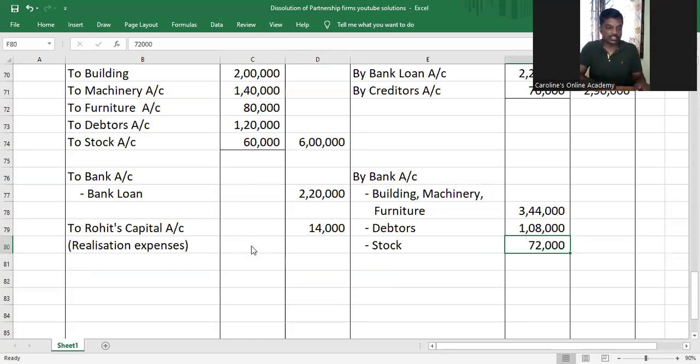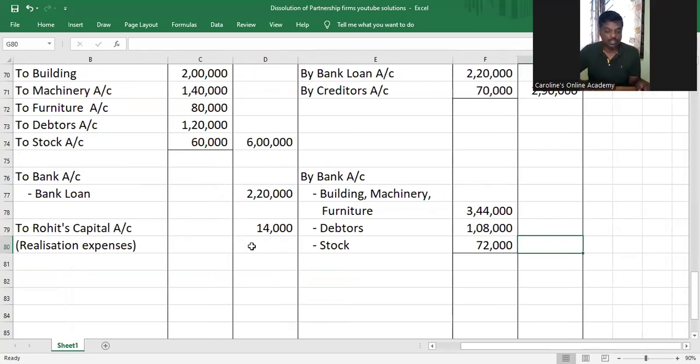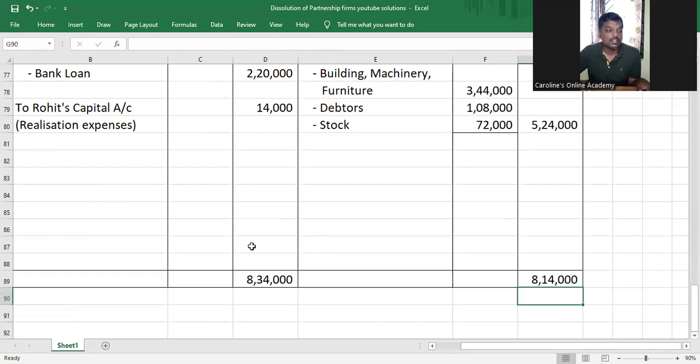So now that I have posted everything to the realization account, my job is to tally the realization account and find out if it is a profit or loss. Now, how do I do that? I find the debit side total and credit side total and compare it. Debit side total is 8,34,000 and credit side total is 8,14,000.